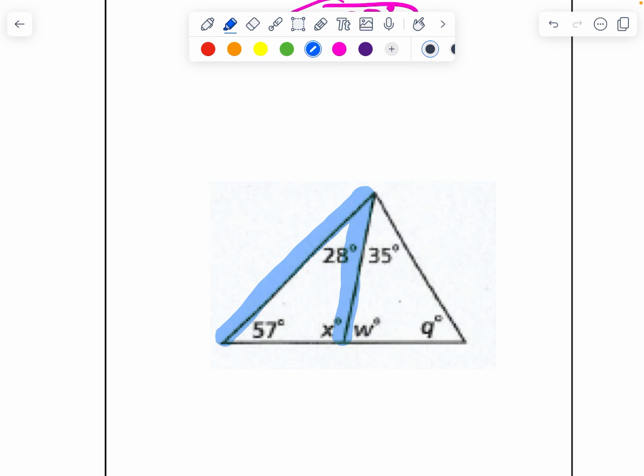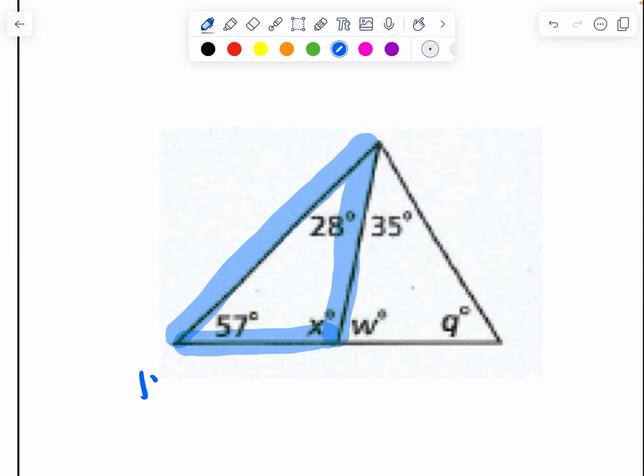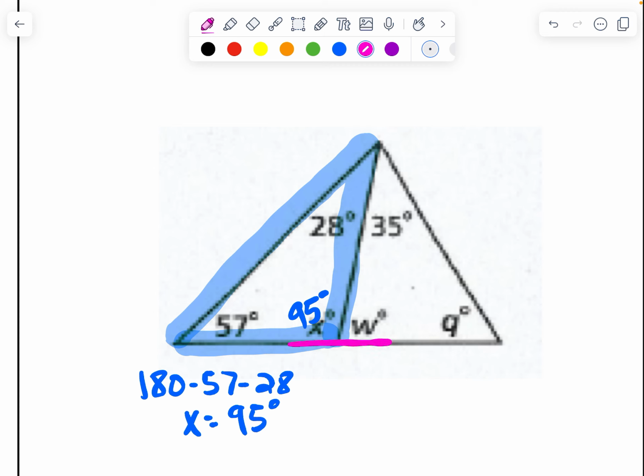We'll look at this triangle first because X is pretty easy to figure out. All right, 180 minus 57 minus 28 is 95. So X is 95 degrees. All right, W is on a straight line. So to figure out W, I got 180 minus 95 is 85, right?